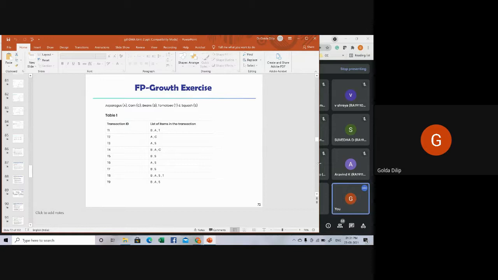Pranav Ram, present. Raja Singh, present. Pooja, Lavanya, Nityashri, present.